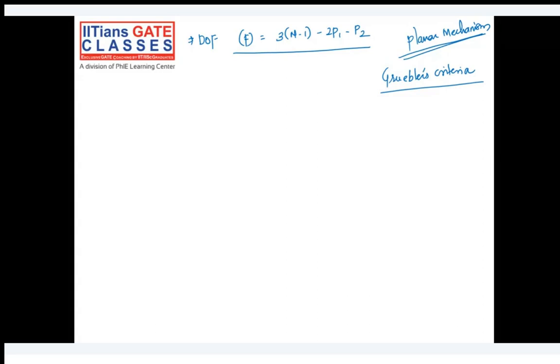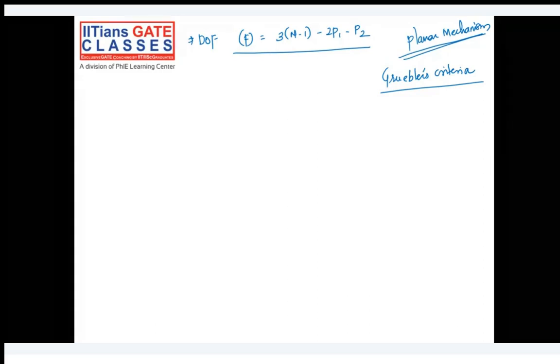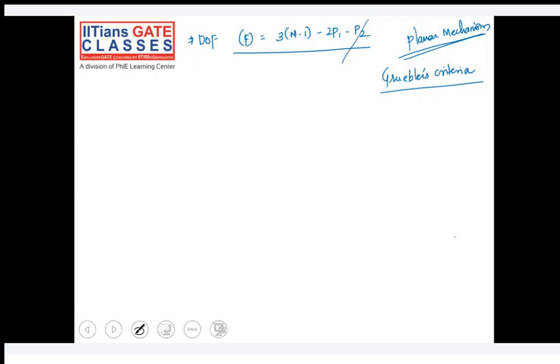and in this 4-bar chain, we understood the different inversions of it. If you remember, we have first studied the Grashof criteria in this case, Grashof law, or Grashof criteria. What is that?